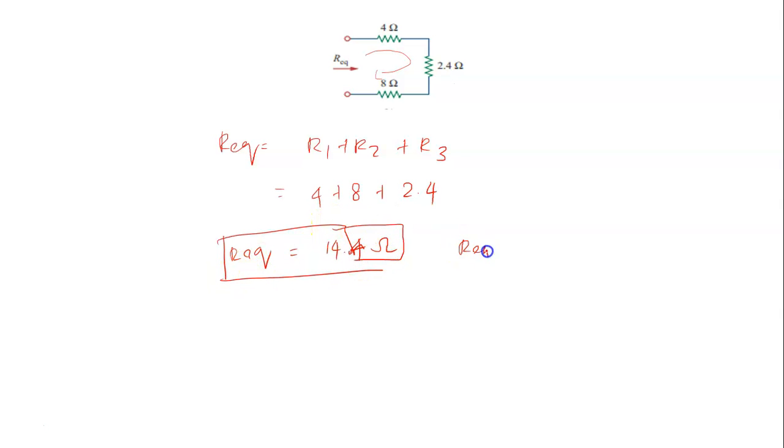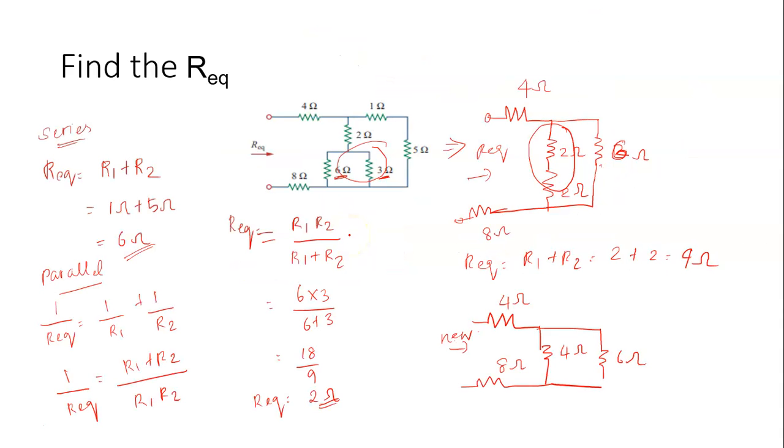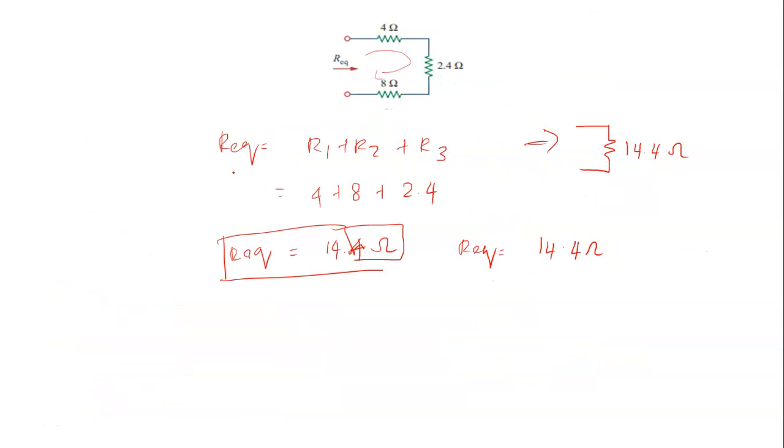So this will actually be 14.4. If they have given, for example, a voltage source of 12 volt here, what is the current in that particular resistance?